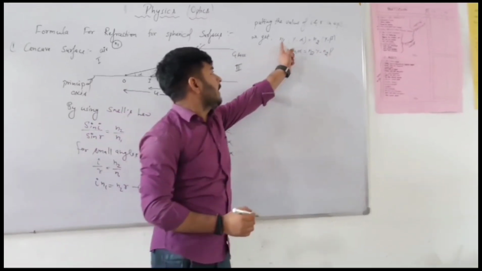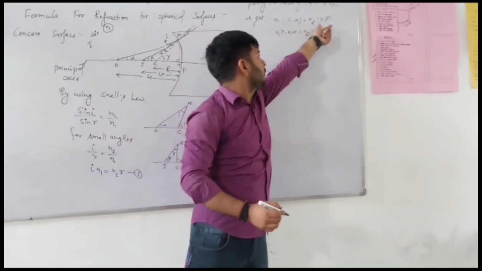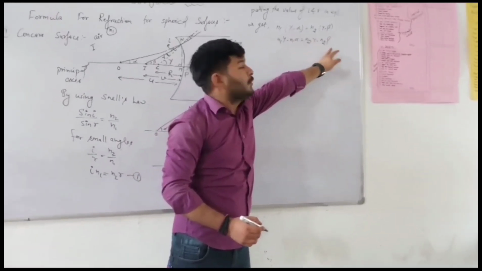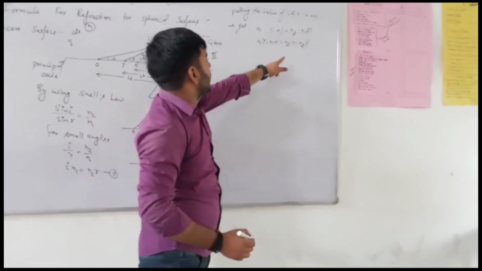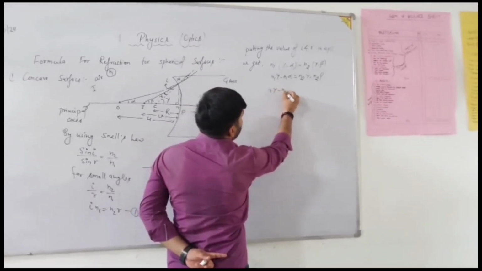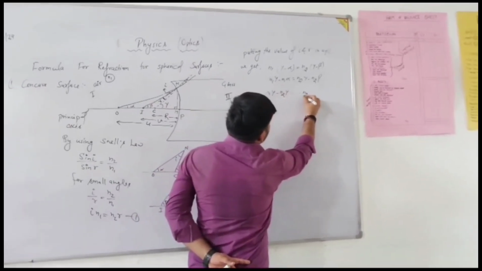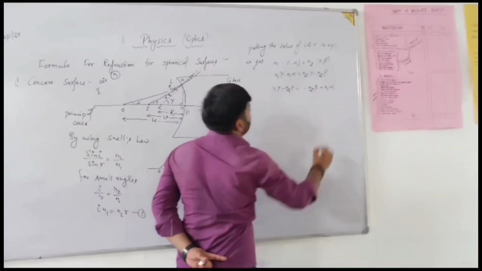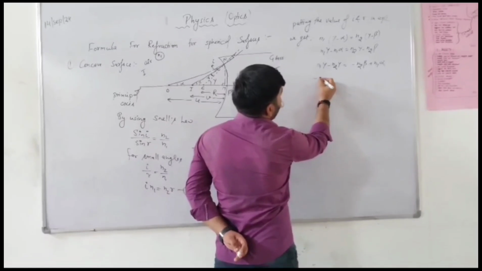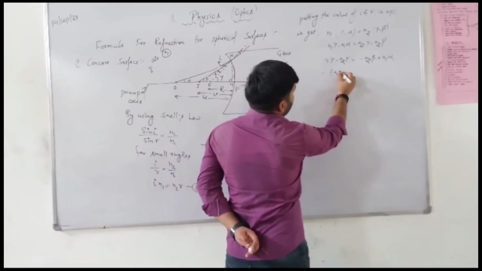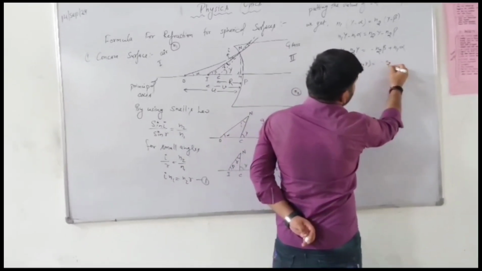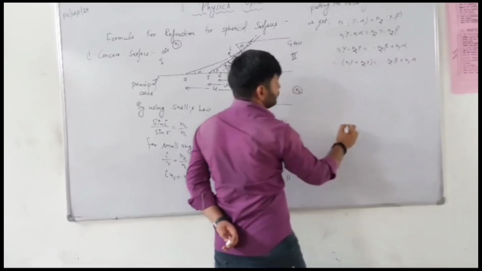When we multiply N1 into this bracket and N2 into this bracket, we get N1 gamma minus N1 alpha equals N2 gamma minus N2 beta. Now we take gamma to the same side. So we get N1 gamma minus N2 gamma equals minus N2 beta plus N1 alpha. Now here we can take the minus sign, so we get minus N1 gamma plus N2 gamma equals N2 beta plus N1 alpha.